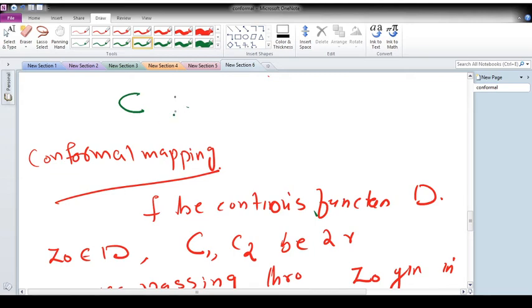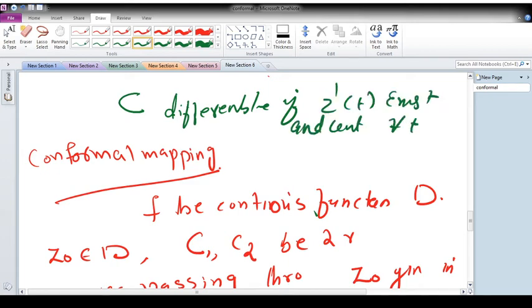C is differentiable if z'(t) exists and is continuous for all t. Then only we can say C is differentiable. If the derivatives at each and every point are not equal to 0, then we can say C is a regular curve.